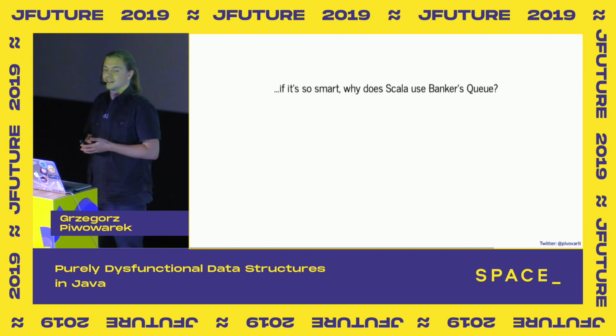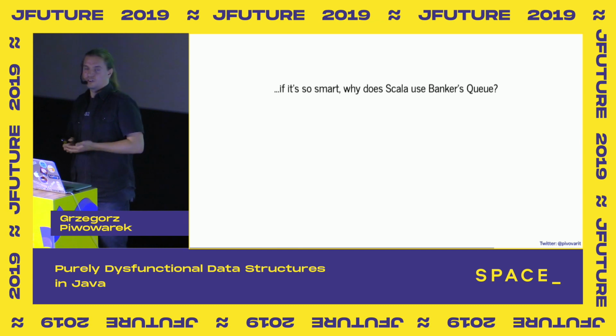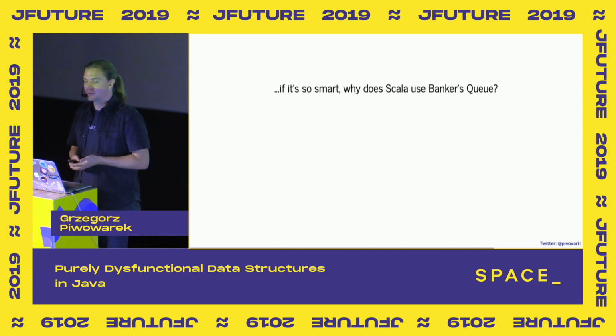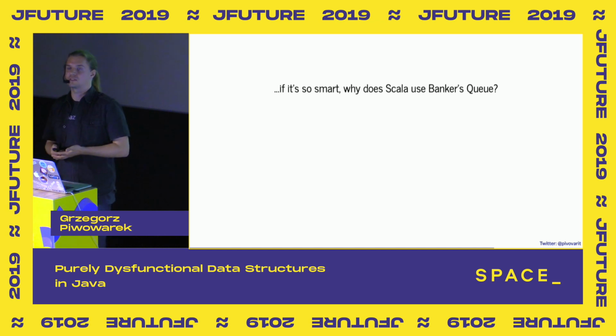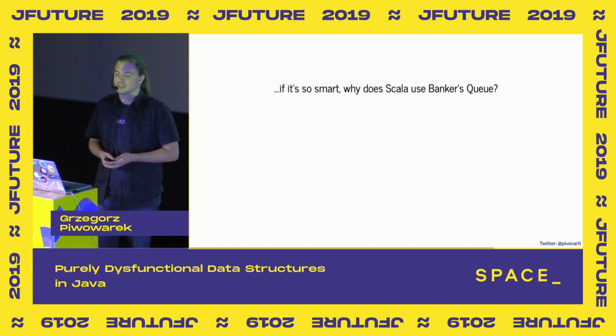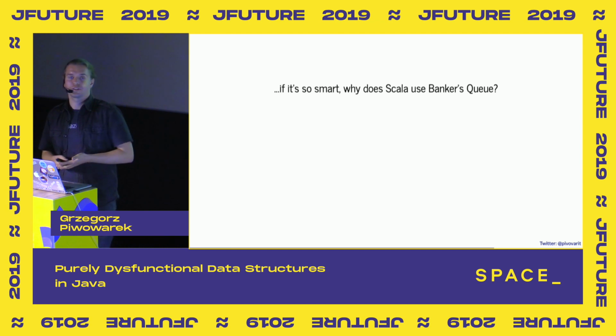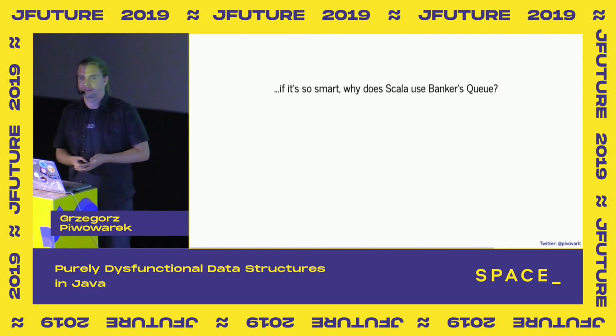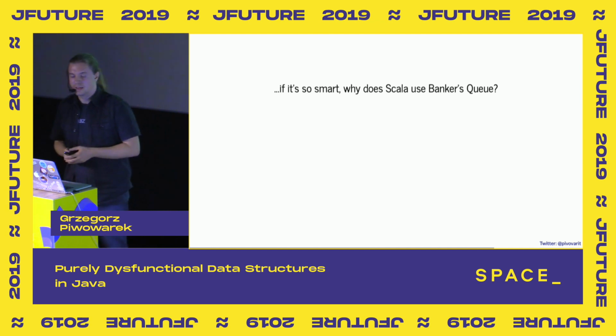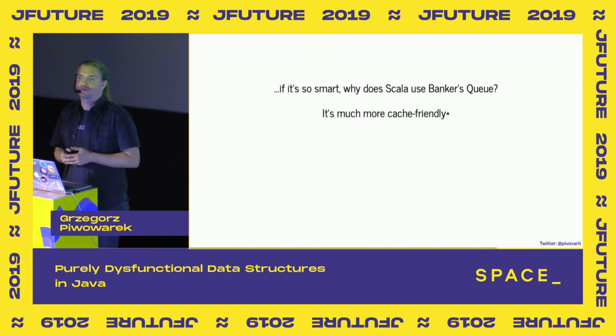because the idea is really nice, but it turns out that many languages actually adopt the banker's queue as the main one. For example, Scala. And the banker's queue is this one with two linked lists put together inside. It turns out that this solution is still much more cache-friendly.